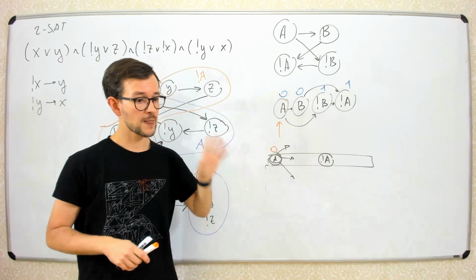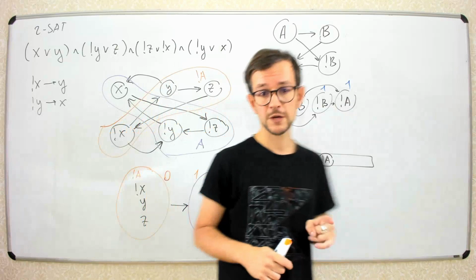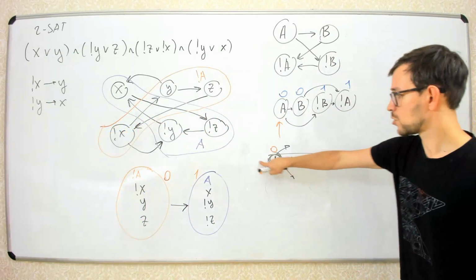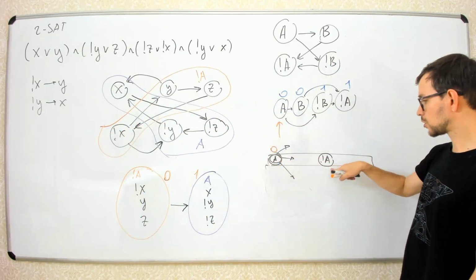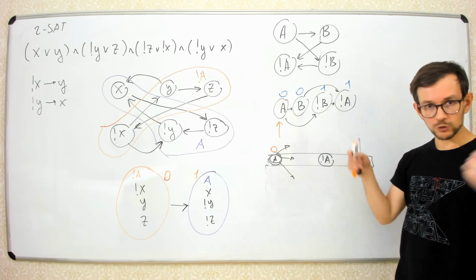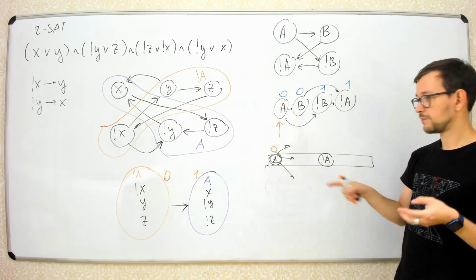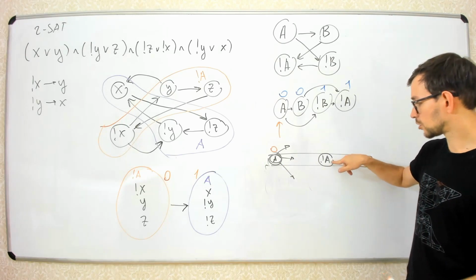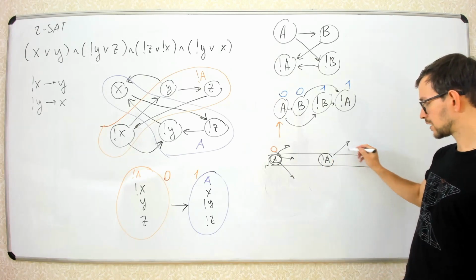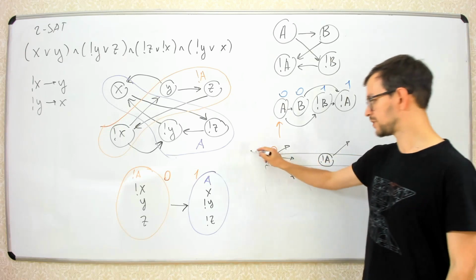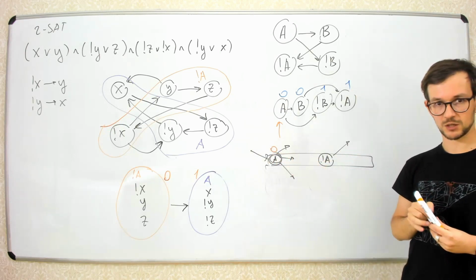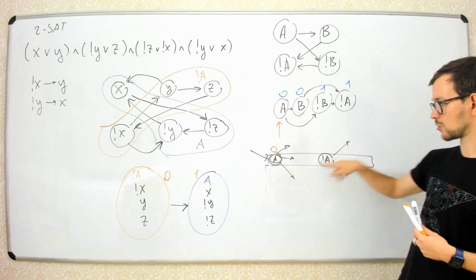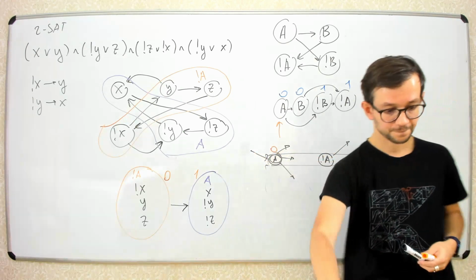That's fine. What is true is that if this A has no ingoing edges, then this not A should have no outgoing edges, because the graph is skew-symmetrical. If this not A had an outgoing edge, then the symmetrical edge would be going into this A. So you can't have this edge, because you would have a symmetrical edge like this.